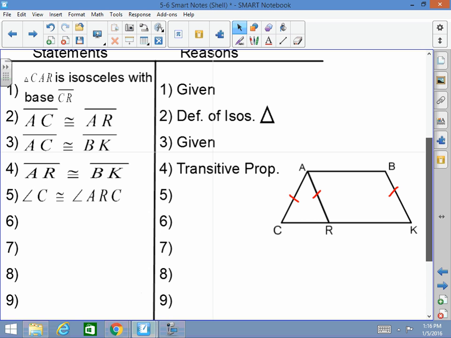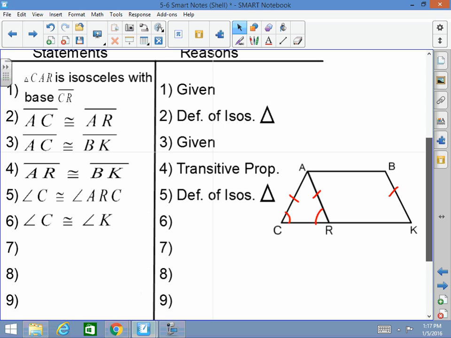Then I can say that angle C is congruent to angle ARC. Definition of isosceles triangle. So this guy is congruent to this guy. And just in case you were wondering, no, you cannot just say angle R, because there are actually three angle R's here. There's ARC, there's ARK, and there's CRK. So now I have that angle C is congruent to angle ARC.